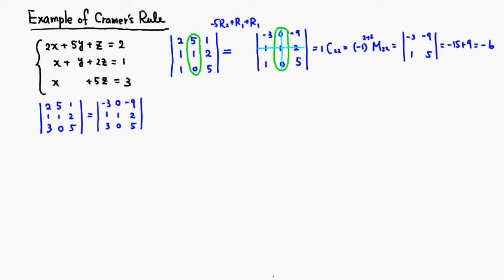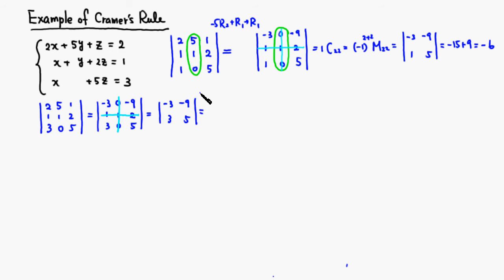Since we're erasing these, again you have 1 times the cofactor, so that's going to be plus. Then we're looking at just -3, -9, 3, 5.